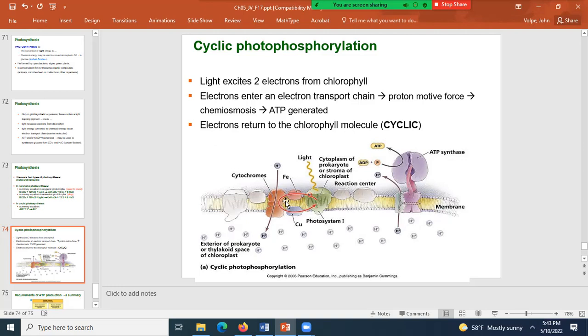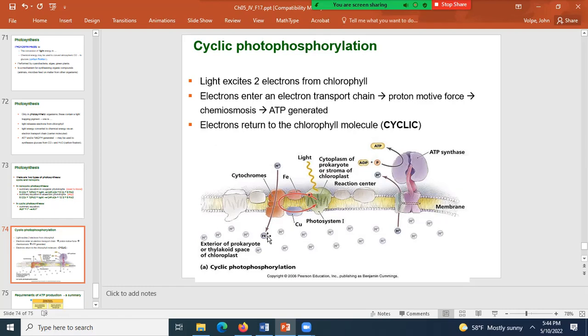The electron moves in aerobic respiration from glucose, and then it moves through either Krebs cycle or glycolysis to NADH, which then carries it to the proteins in a membrane that we call the electron transport chain. And some of those proteins get the energy they need when the electron moves through them to pump hydrogen ions from one side of the membrane to another.